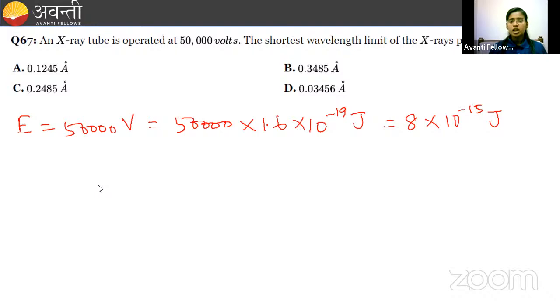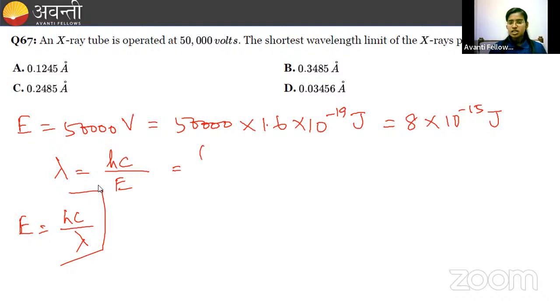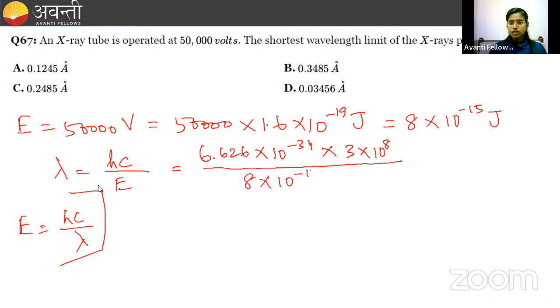And we are asked to find out the lambda value. Okay. So we know that lambda is equal to hc by E. So from where do we get this relation? We know that E is equal to hc by lambda, right? So from this only I have got this lambda is equal to hc by E relation. So here h is the Planck's constant again, 6.626 into 10 to the power minus 34, and c is the speed of light, which is 3 into 10 to the power 8, the whole divided by the energy, 8 into 10 to the power minus 15.